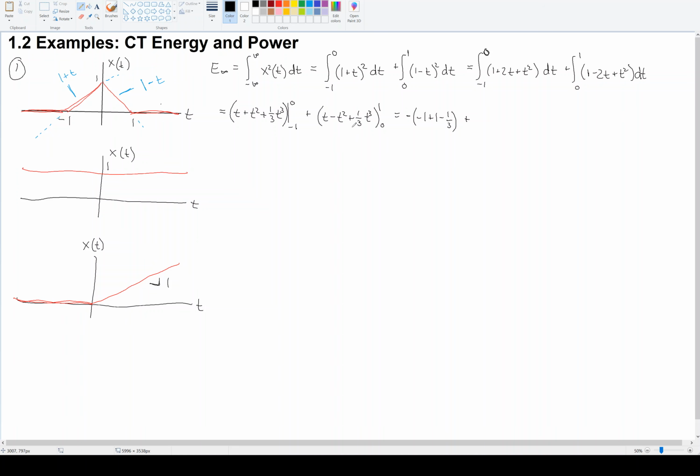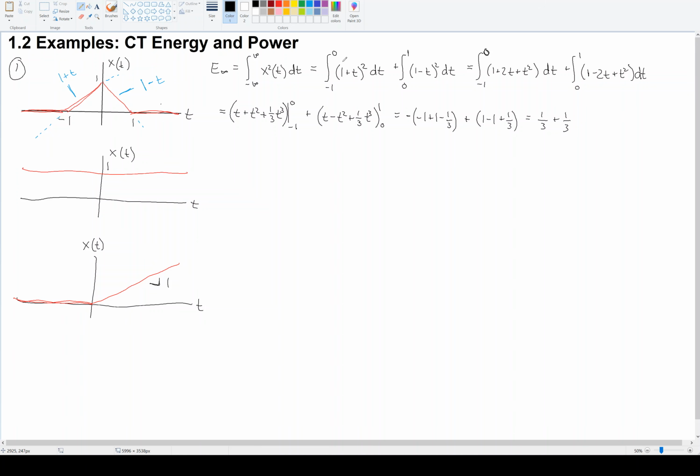Then in the second piece, plug in the 1: that's 1 minus 1 plus 1/3, and when I plug in 0, I get 0. Notice on the first piece, the -1 and the +1 cancel, and I get 1/3. On the second piece, I also get 1/3.